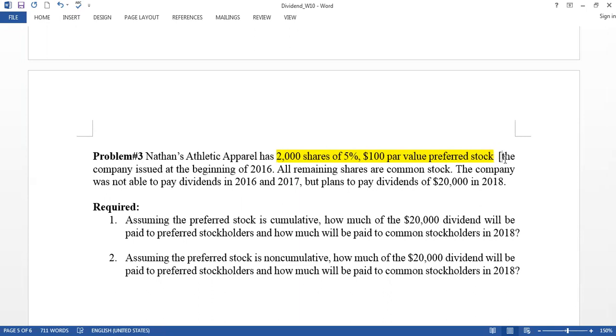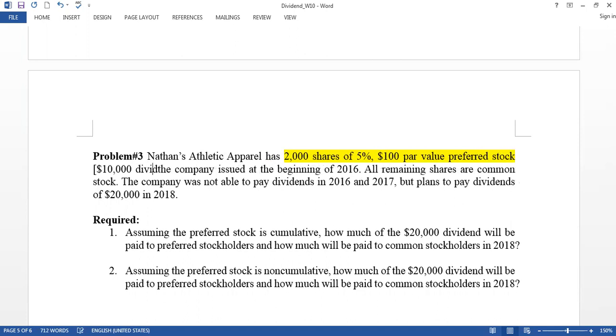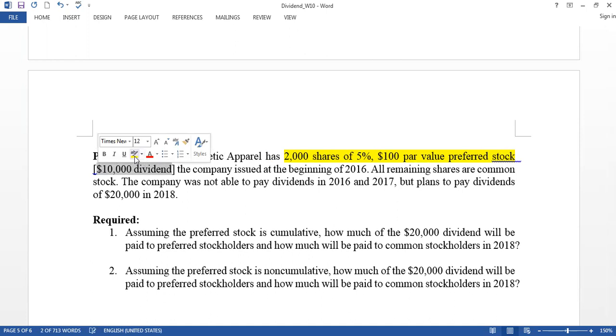Dividend here is $10,000. This is the dividend for preferred stock. And when you buy this share in 2016, that means you are entitled to receive $10,000 from 2016, right? Because you buy this year, so you should receive dividend this year.